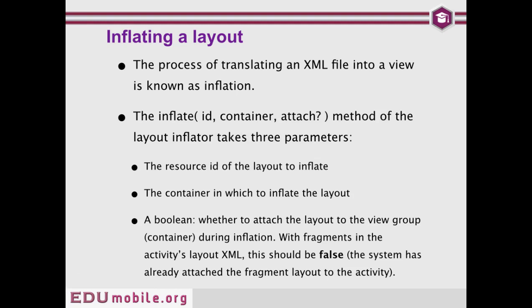That Boolean should be false when we're inflating a fragment in this way, because if we already have a fragment tag in the activity XML and we already have a fragment class that points to it, the system has already attached that to the fragment tag. And so it should be false. We don't want a double attachment. We don't want another view in there. If we do it in code, this third parameter should be true because it's not already attached.